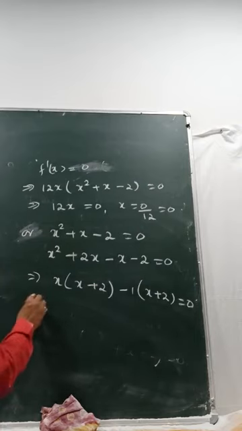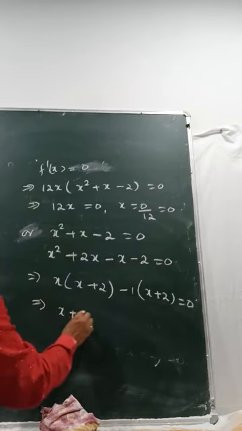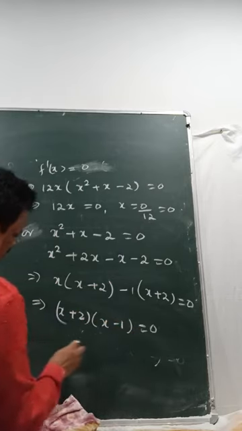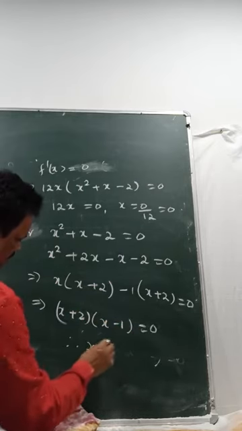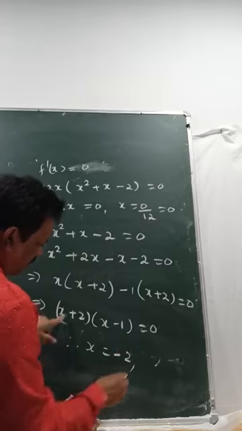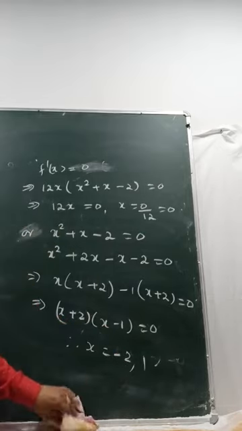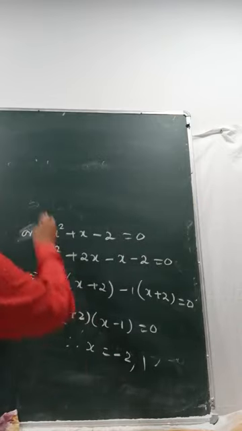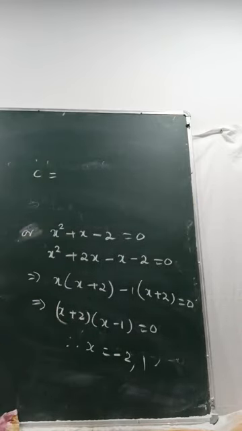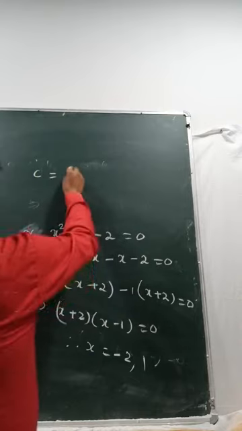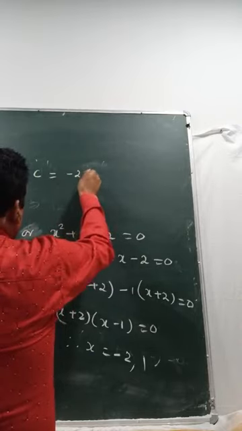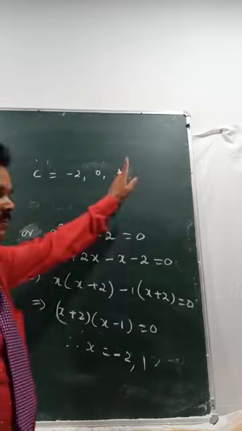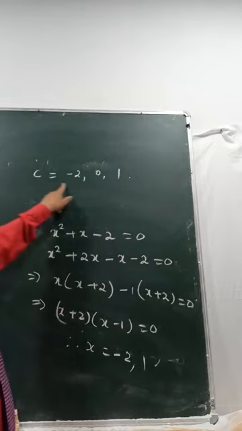This implies x plus 2 times x minus 1 equals 0. Therefore x is minus 2 and 1. So you got 3 values of x: minus 2, 0 and 1. These are the values of c.